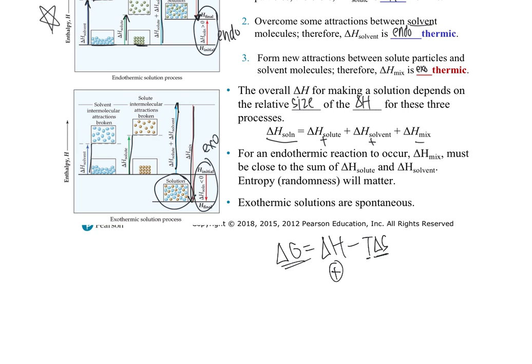And so the temperature is also going to come into effect. If it's an exothermic process where delta H is negative, then these processes are always spontaneous because we have only favorable enthalpy and entropies.